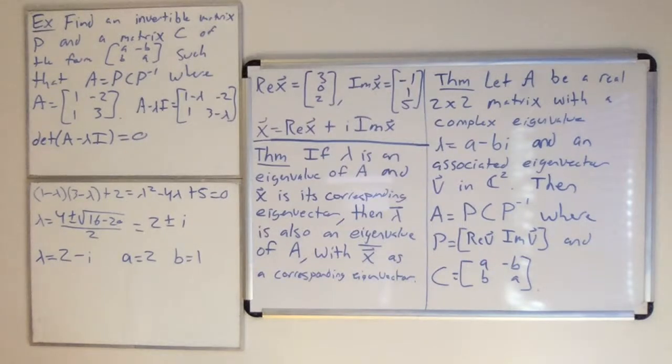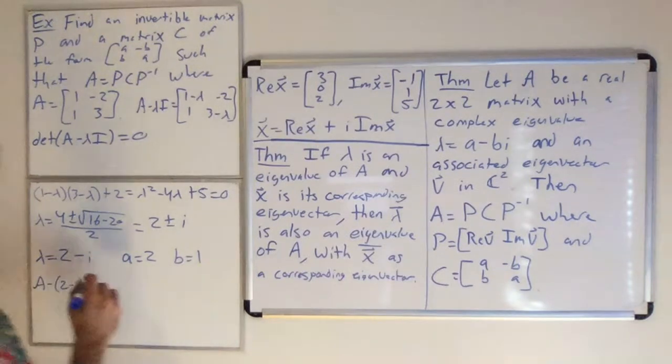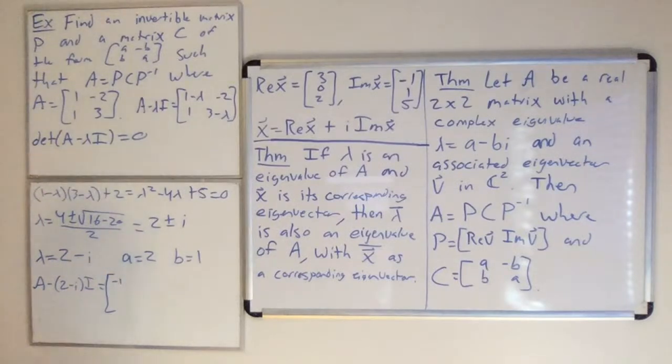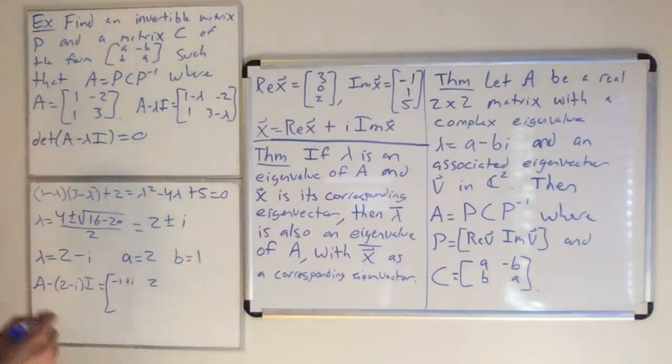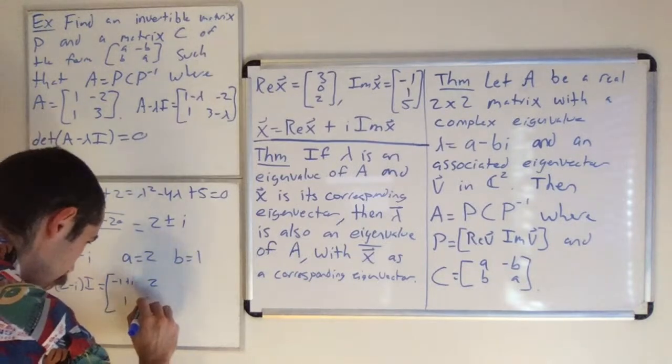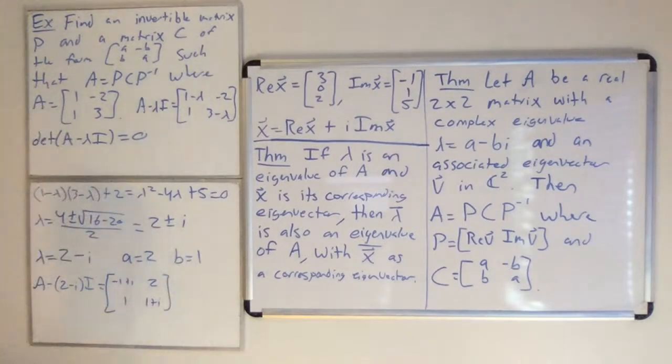And now we want to find the corresponding eigenvector to this eigenvalue. So we look at the matrix A minus (2 minus i) I. And we get this matrix.